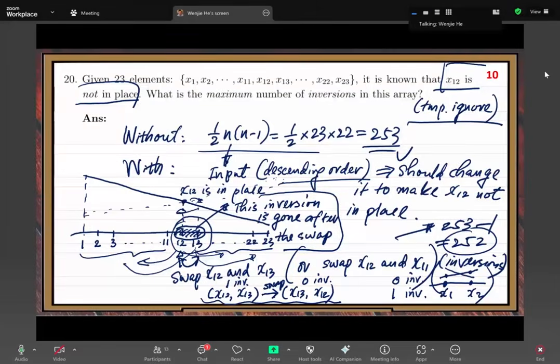You have no chance to have 2 inversions. Only 0 or 1, these 2 cases. So if you use this simple example, you can understand what we do here. The change is 1, not 2.